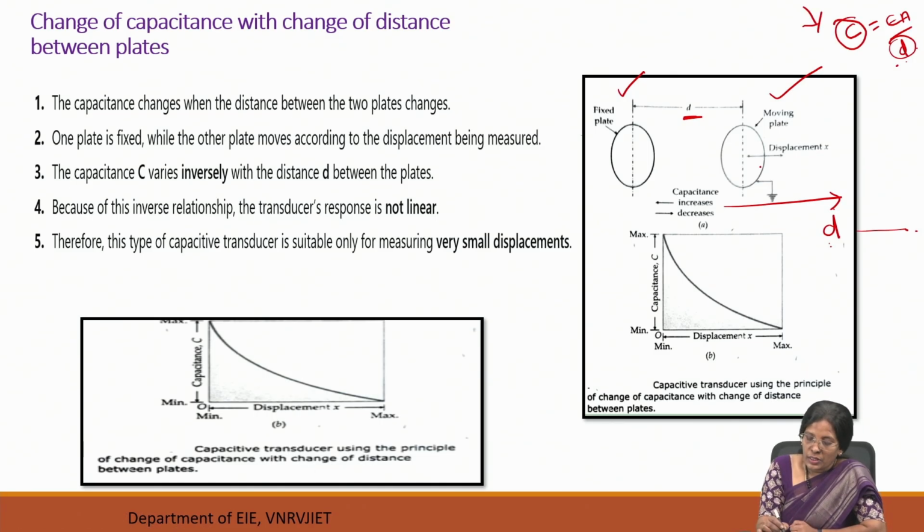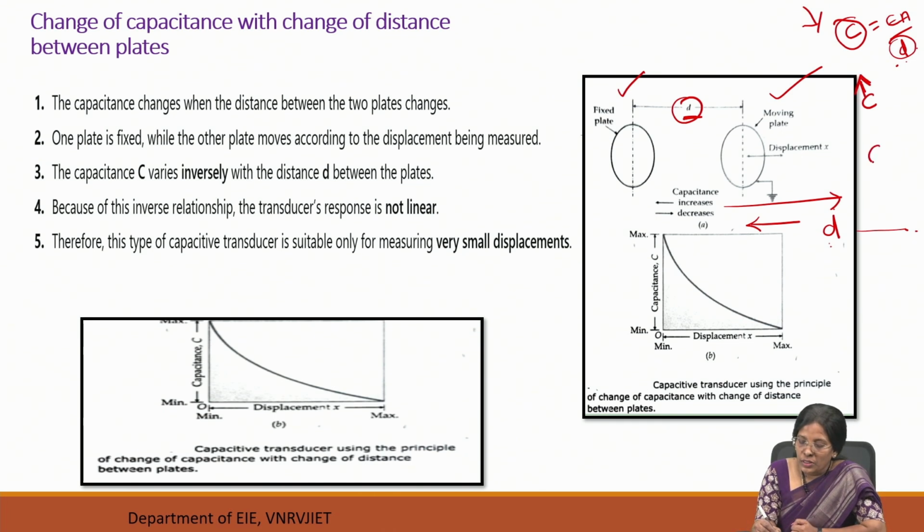When we move this plate in this direction, what happens? This distance is decreasing, right? So C is increasing, the capacitance is increasing.